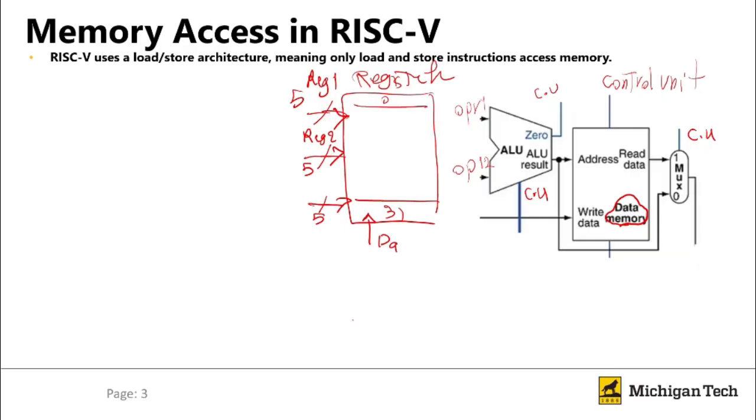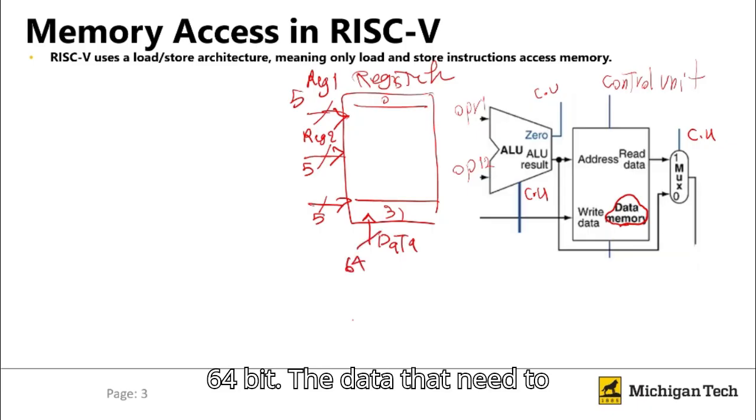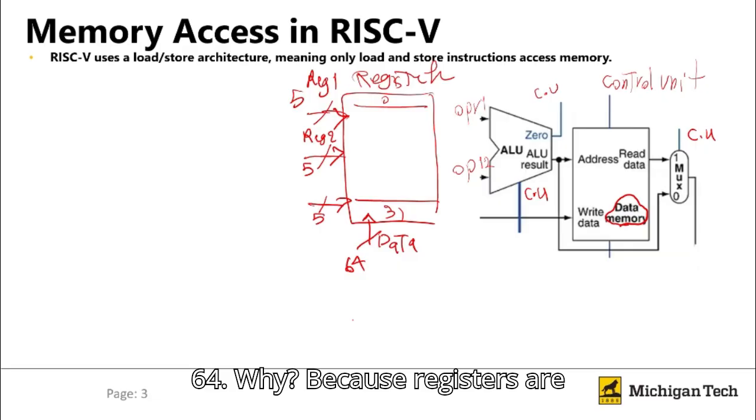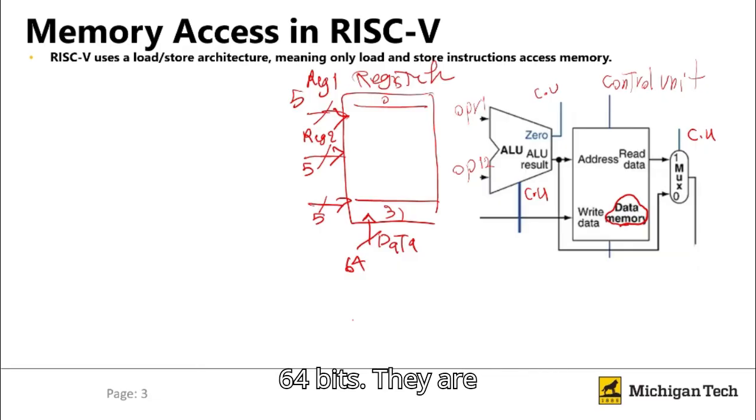The data is 64-bit. The data that needs to get written inside this register file is 64 bits. Why? Because registers are 64 bits. They are double word.